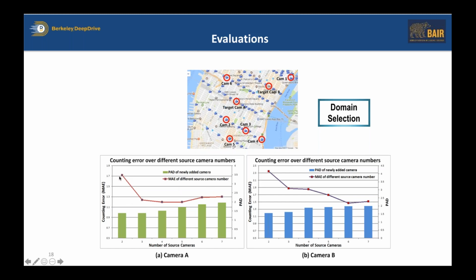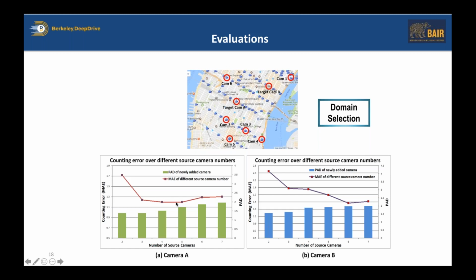To be specific, we can see here, we have the target error with 2 source cameras to be 1.7, and then we have a target error of around 1.2 with 3 source cameras. And when we increase the number of labeled source cameras in the training data, the error on your target camera decreases.